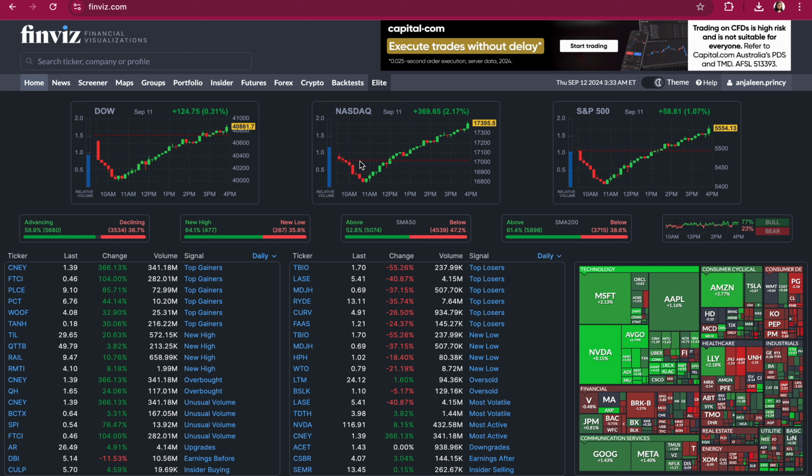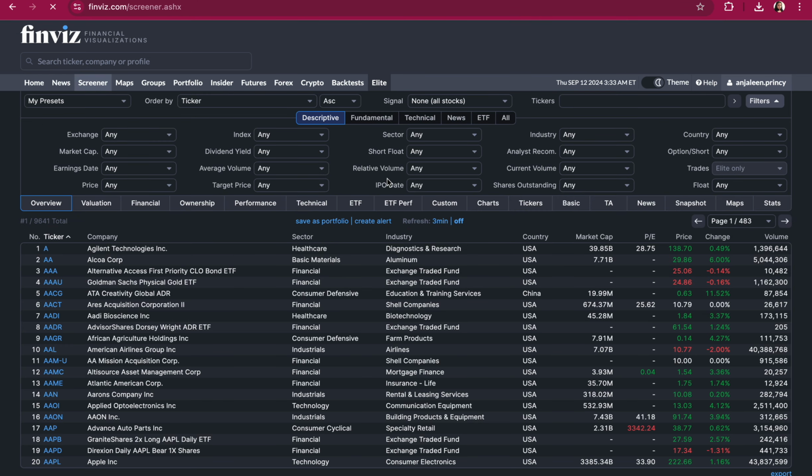So I'm in Finviz. And hi, guys. This one is Dow Jones, Nasdaq, and S&P 500. Most likely, they all look like they have an upward trend. To go find double tops, go to the screener.